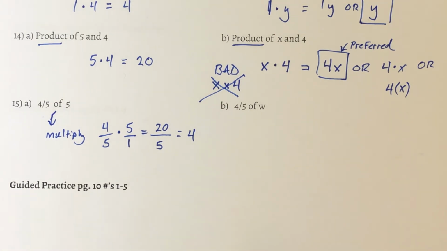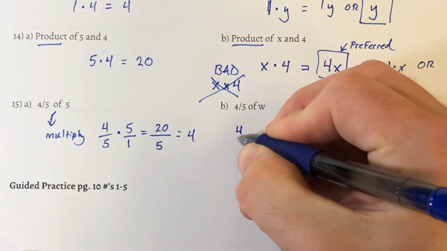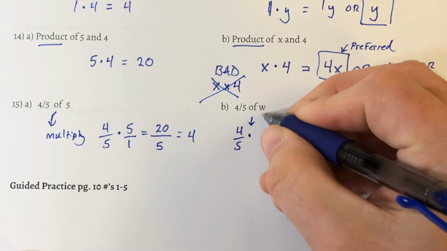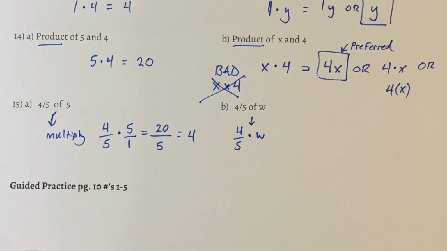All right, let's try the same problem, but with letters. So 4/5 of w. So again, 4/5 of means multiply. We're going to multiply by w. There are tons of different ways you can write this.